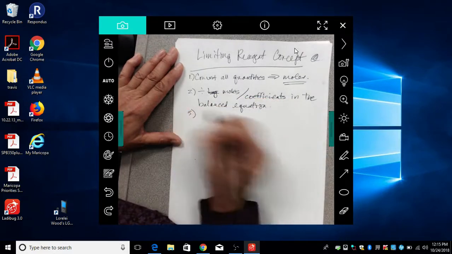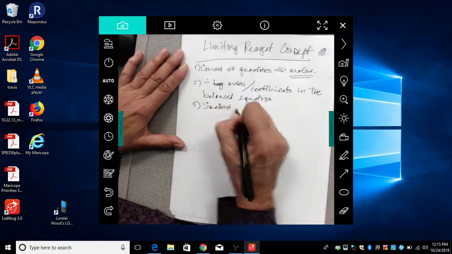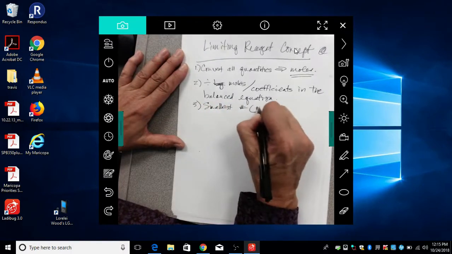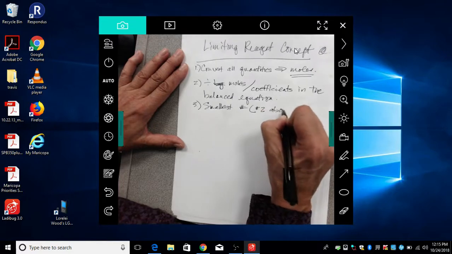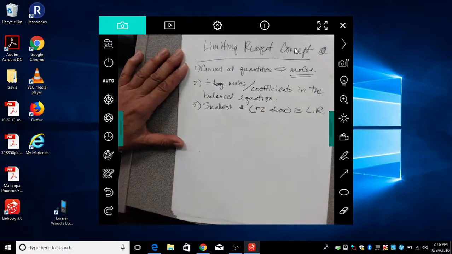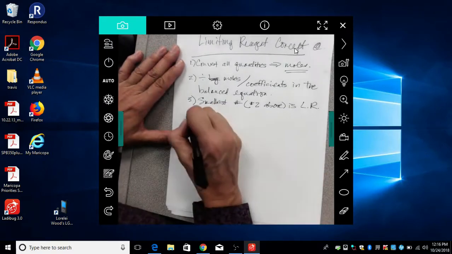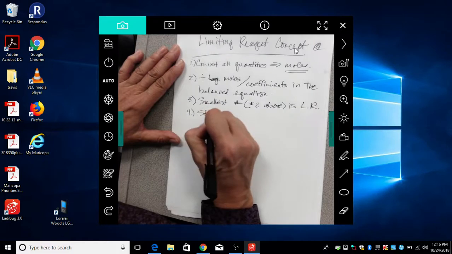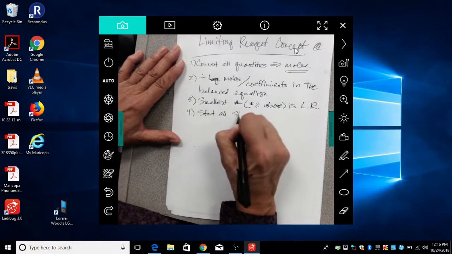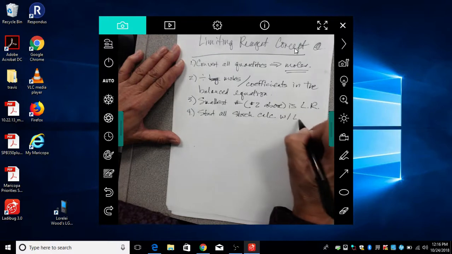Step 3, the smallest number from number 2 above is the limiting reagent. So LR, we're going to call it our limiting reagent. And then step 4, start all stoichiometric calculations with the limiting reagent.